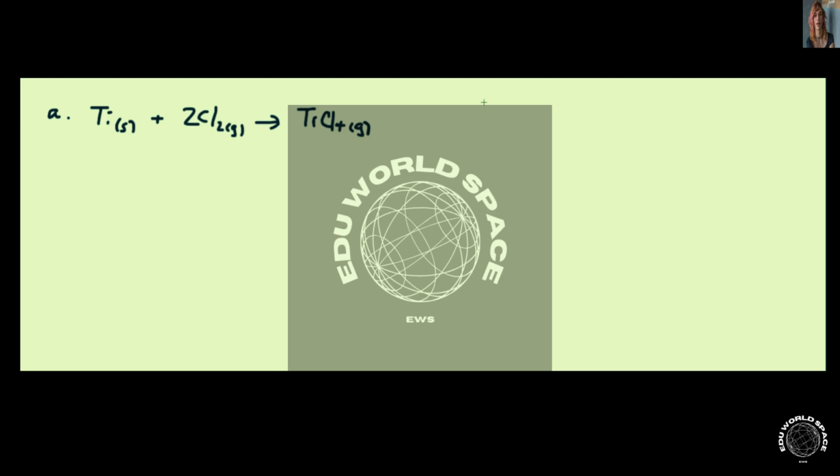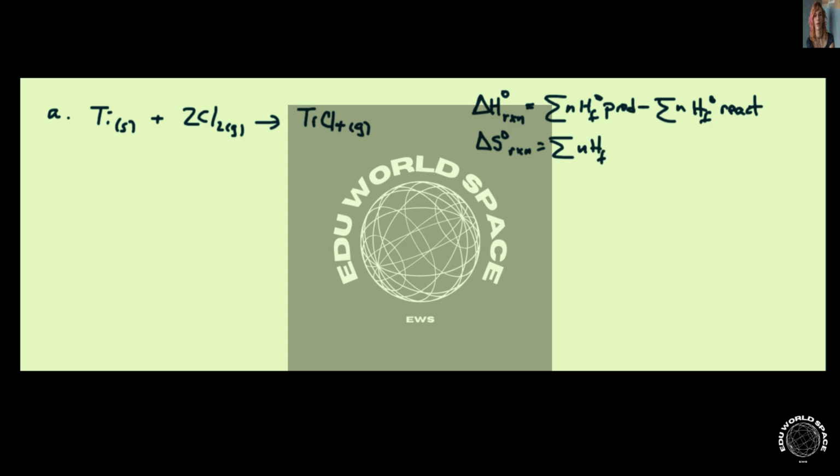For each of these, we're going to use a very similar formula. The delta H of reaction is going to be equal to the sum of the number of moles times the enthalpy of formation of the products minus the sum of the number of moles times the enthalpy of formation of reactants. Same thing applies to the entropy. That should be entropy.